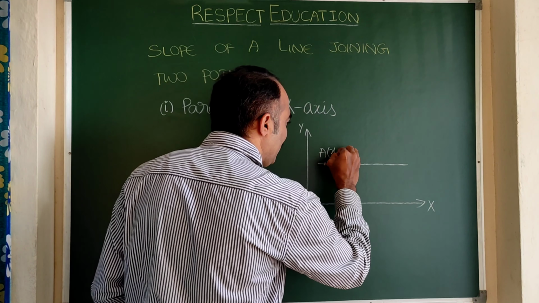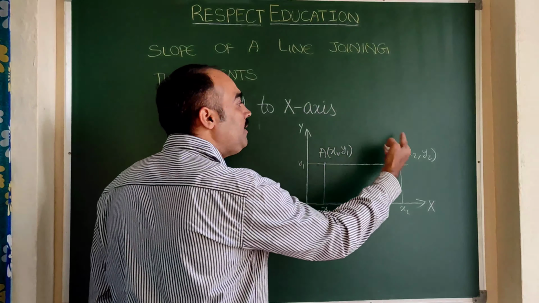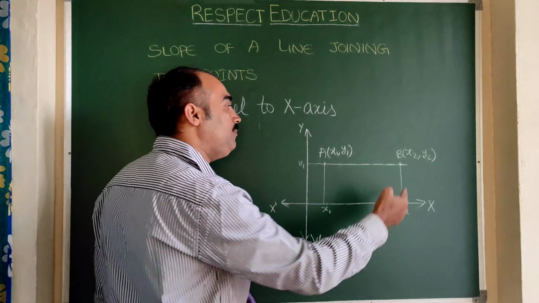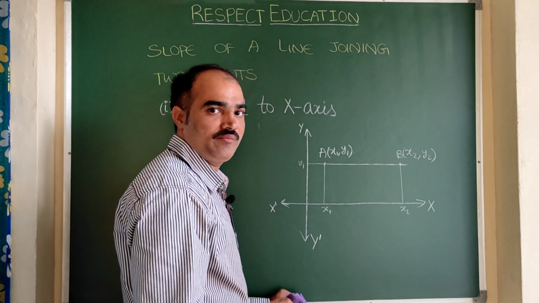Here you observe carefully, this indicates corresponding x1, this indicates corresponding x2, this indicates corresponding y1. The same point, this also should indicate the y1 only. Then how can it be x2, y2? How can it be y2 in particular?